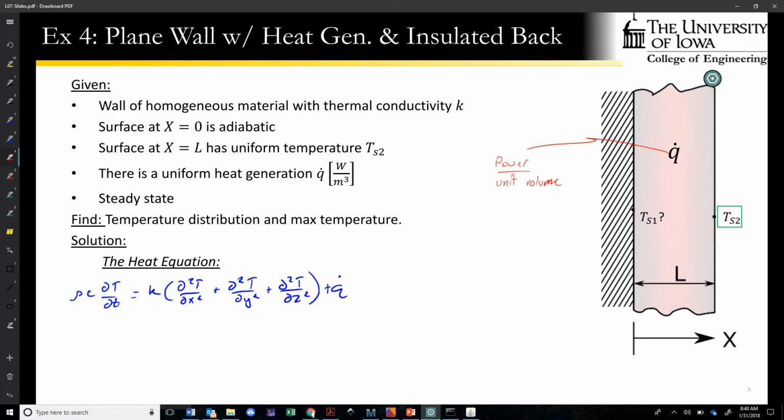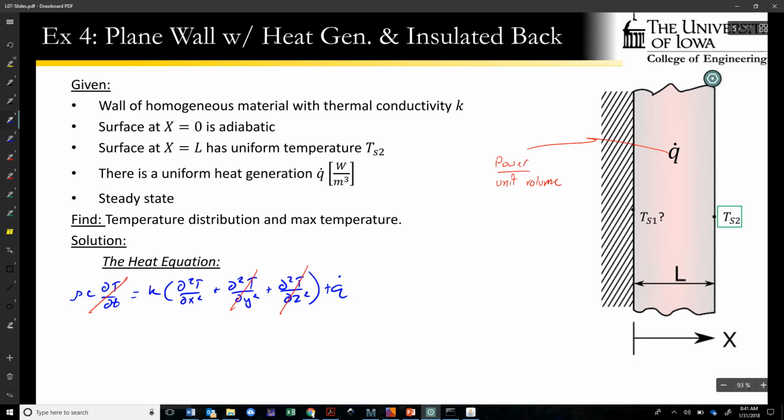That's implied by both the sketch and the fact that our surface temperatures on this face and this face are uniform, so there's no variation into the page or vertically. So we assume temperature only varies with x, and we cancel out all derivatives with respect to y and z. We've said it's a steady state problem, so we cancel out this time derivative. And unlike last time, we have to retain this Q dot term.